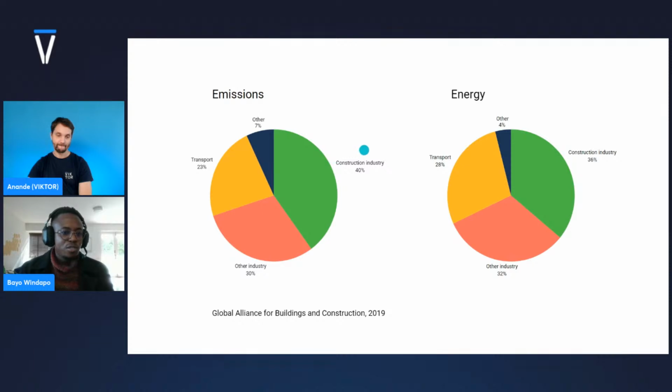Also, everyone knows this, our building industry, the construction industry, releases about 40% of the world's carbon, right? And consumes about 36% of the world's energy. So I'm showing you here that there's low productivity, right?